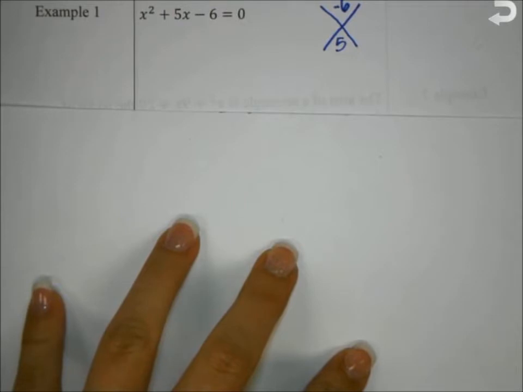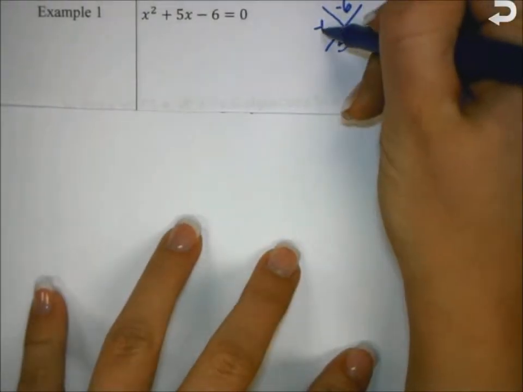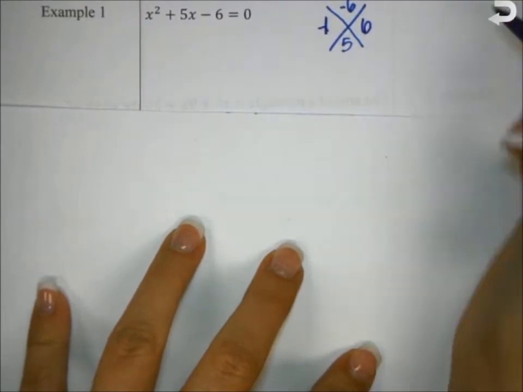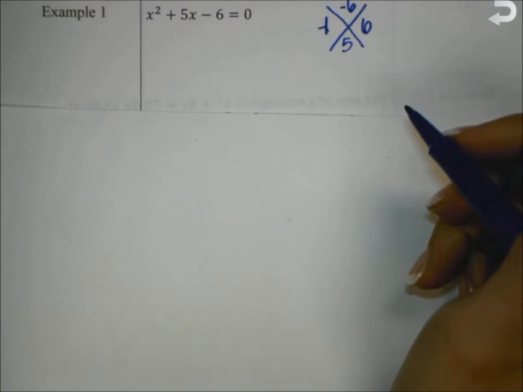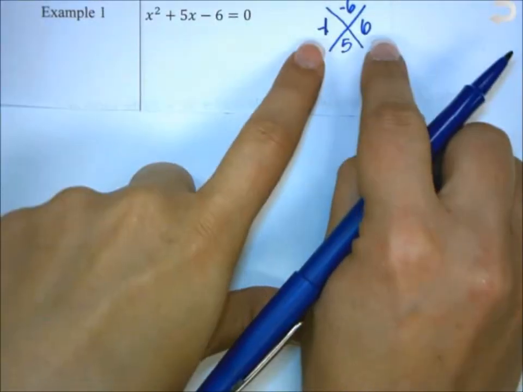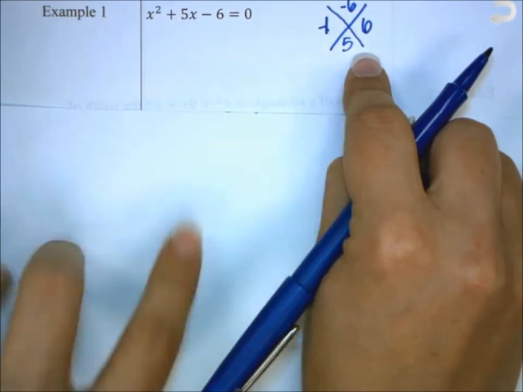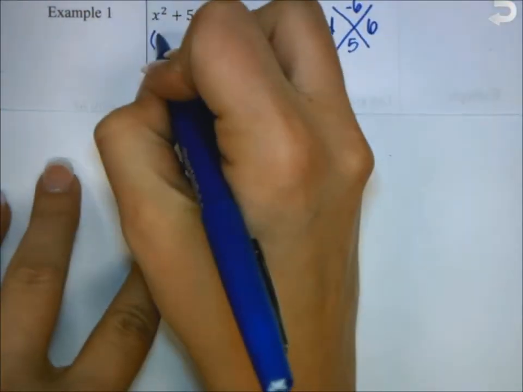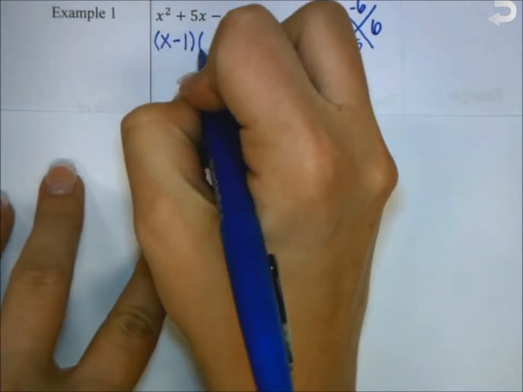Negative 5. Positive 6. Okay. Oh, I see. We are multiplying to negative 6, adding to positive 5. So let's factor this thing. So this would give me x minus 1 times x plus 6 equal to 0.